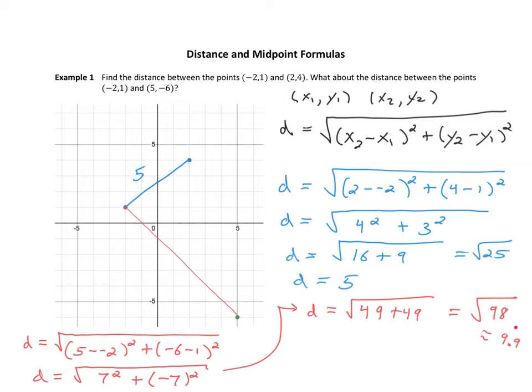Even though this answer is not an integer, I think we can reduce it a little bit with the square root. By that I mean, are there any perfect squares within the number 98? And the answer to that is yes. 98 is 2 times 49, which makes sense because 98 is the sum of 49 and 49. Here, you can take the square root of the first number and the square root of the second, and the square root of 49 is 7.